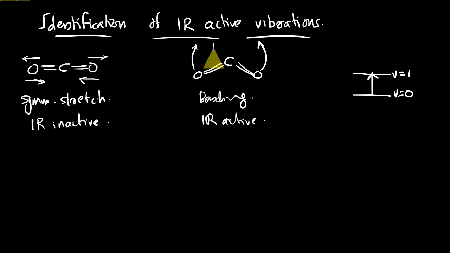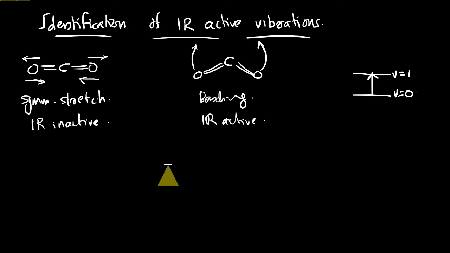Identification of the IR active vibrations. We will predict which vibration is going to be IR active and which one is going to be IR inactive. And that we can do by using group theory. We can obviously do that by using quantum mechanics as well, but the steps are lengthier there, and you have to depend upon so much computing power.